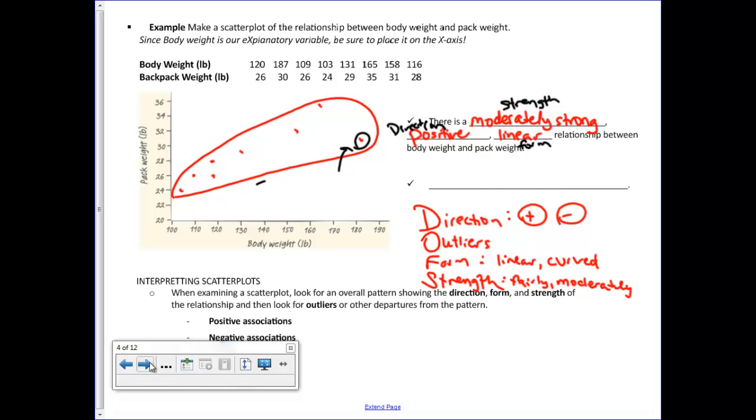We might say, which student is this? The student with body weight of 187 pounds is carrying 30 pounds in the backpack, and may be considered an outlier.